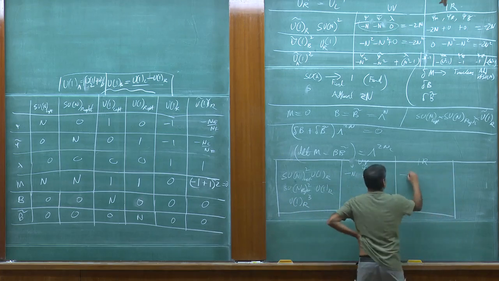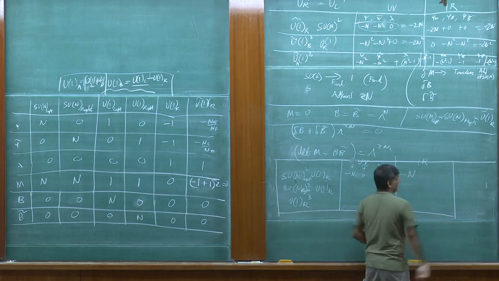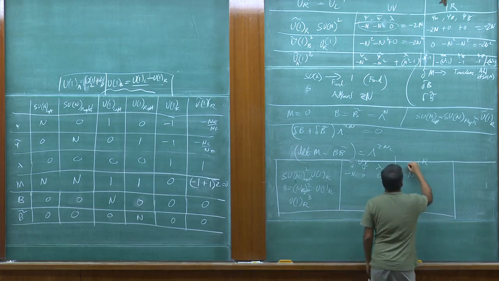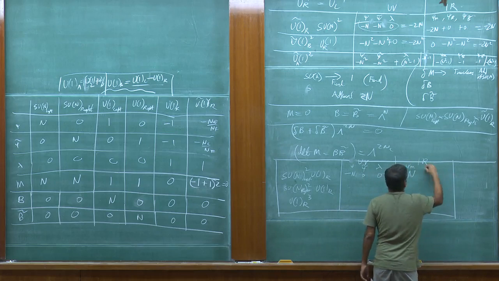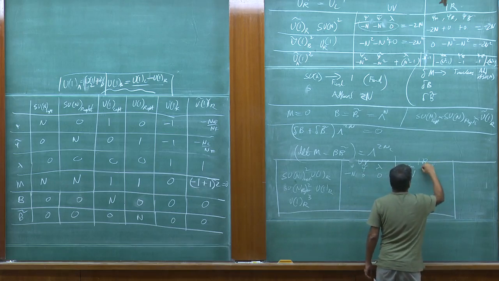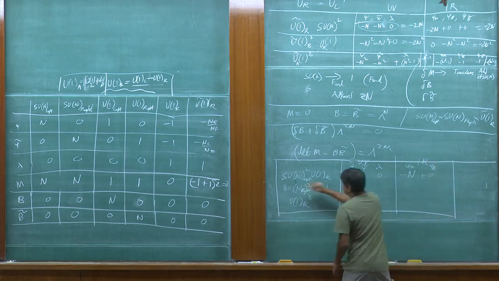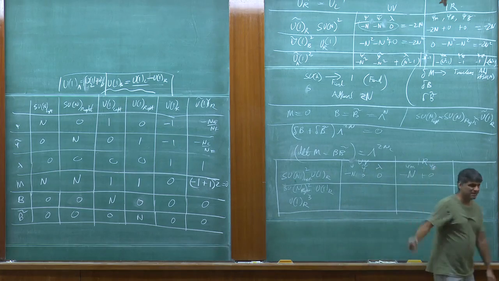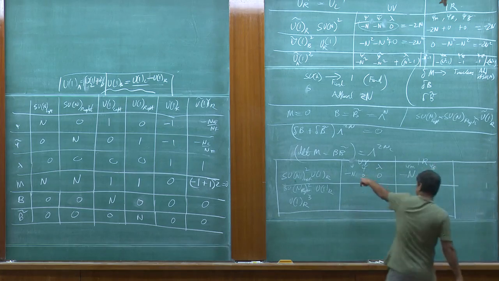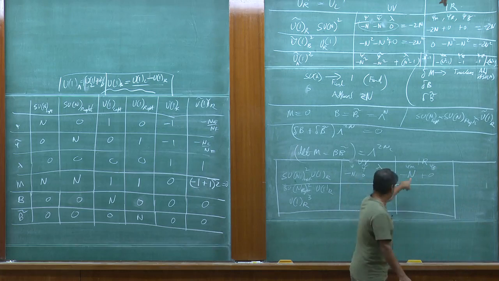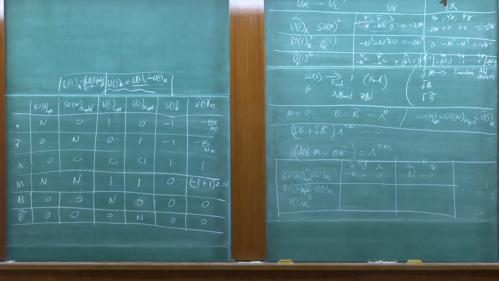So you get minus N from psi M, and psi B is 0. So it matches. Notice here this N was an N_C. Here this N was an N_F. But they are equal because we are at N_C equals N_F. All clear?